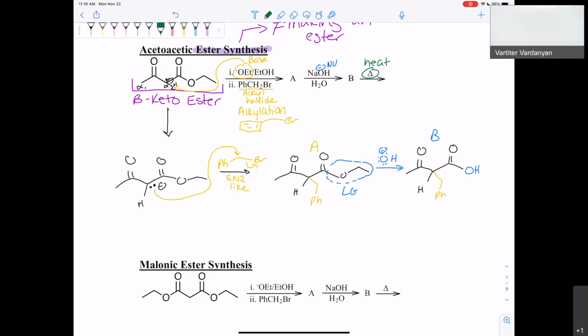Cool. Specifically in this chapter, heat is going to trigger a very specific reaction mechanism. Does anyone know what it's called? Starts with a D. Decarboxylation. Cool.